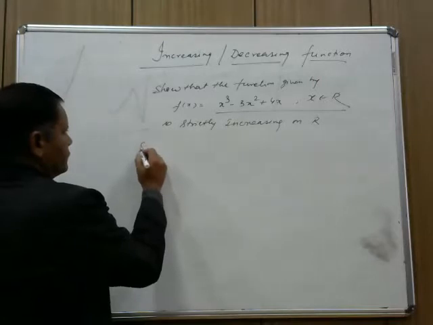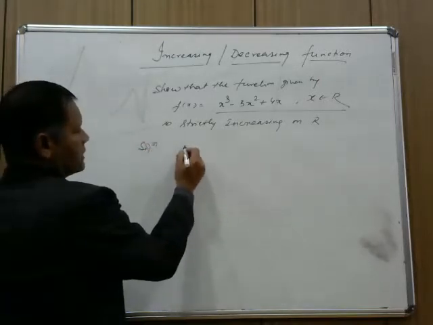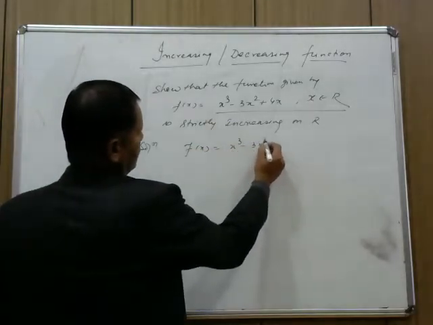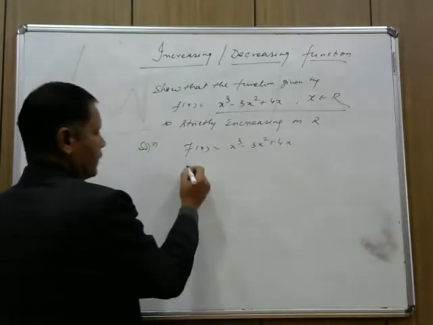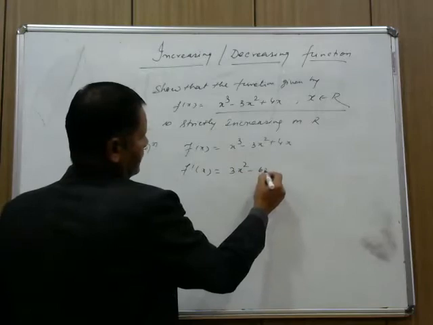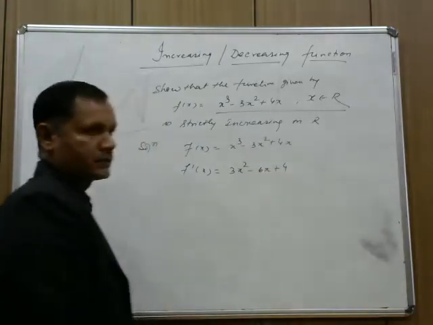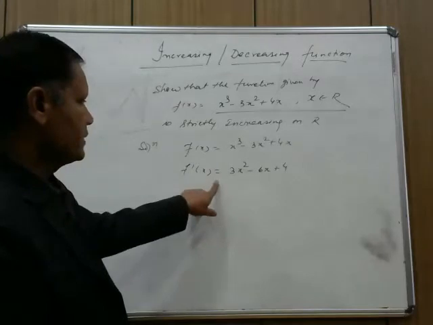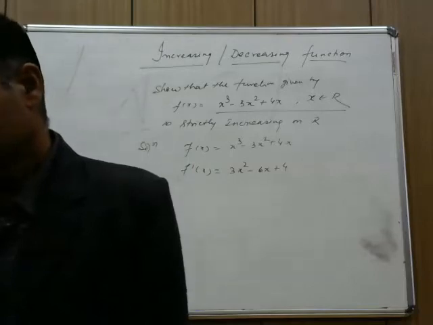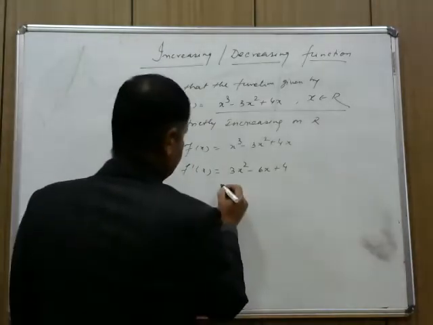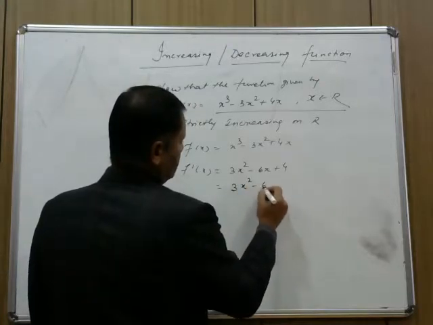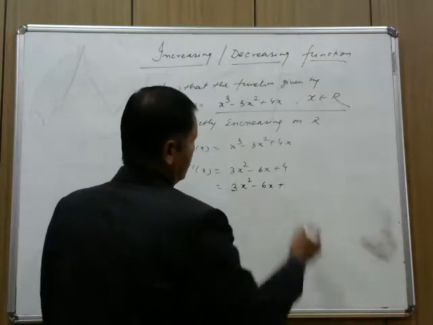Now y is equal to f of x, and f of x is given here as x cube minus 3x square plus 4x. We will find f dash of x. F dash of x will be 3x square minus 6x plus 4. Now, can I write this as 3x square minus 6x plus 1 plus 3?